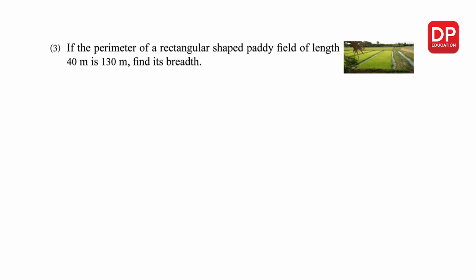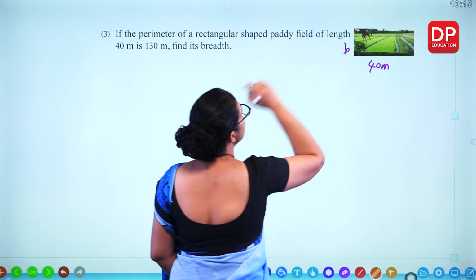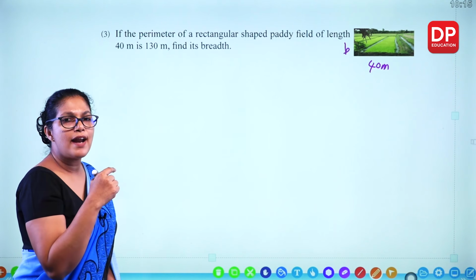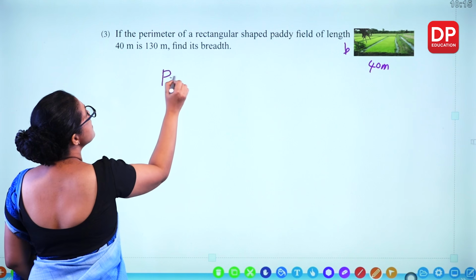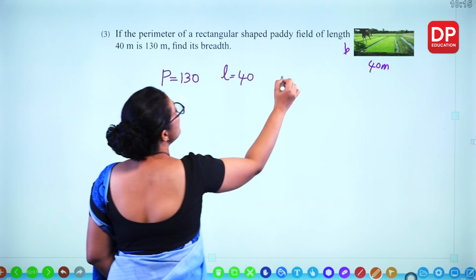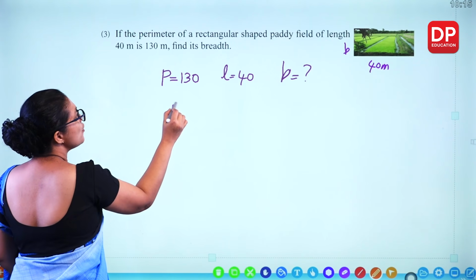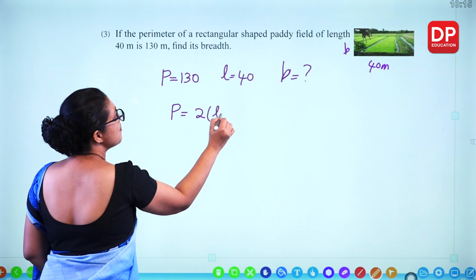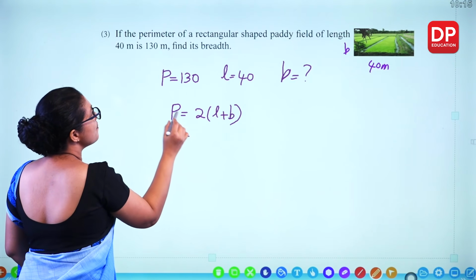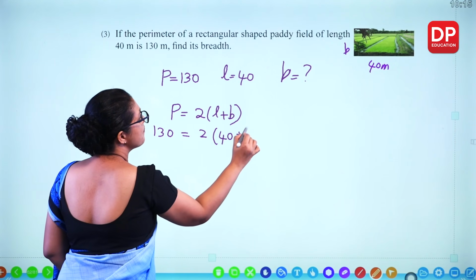Question number 3. If the perimeter of the rectangular shaped paddy field of length 40 meters. This is 40 meters and we don't know the breadth, but the perimeter is given as 130. So the perimeter is 130, length is 40 and you need to find the breadth. Use the formula P equals 2 times (L plus B). Perimeter is 130, 2 times (40 plus B).